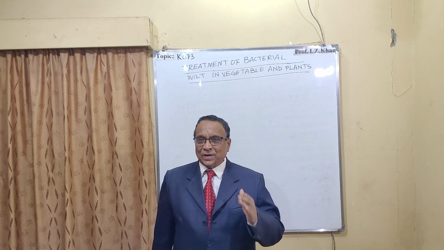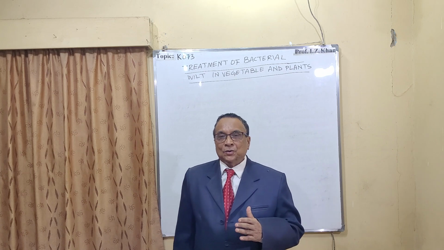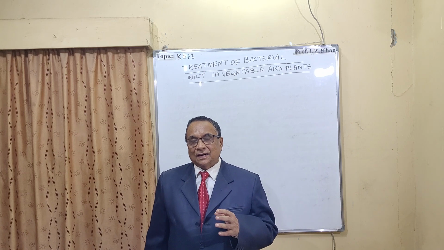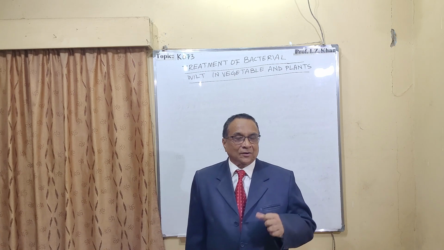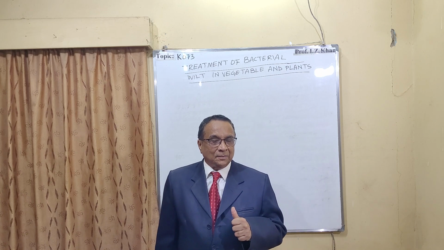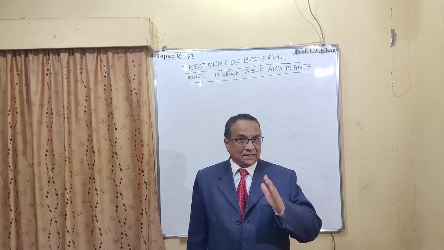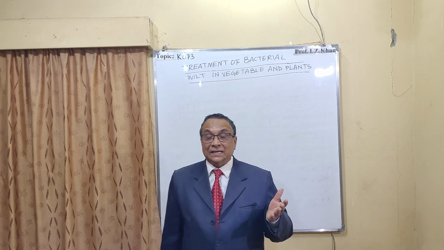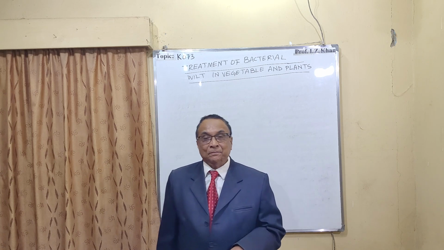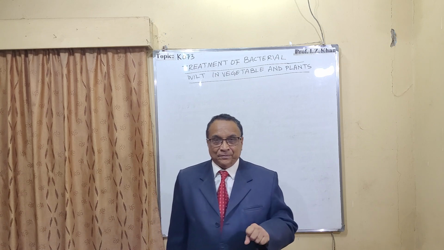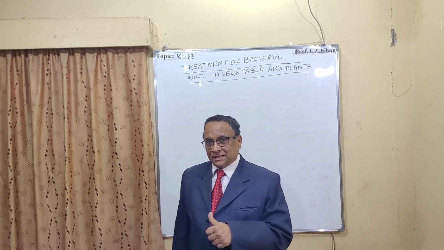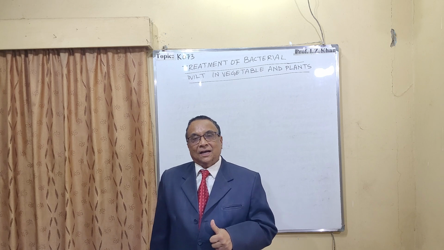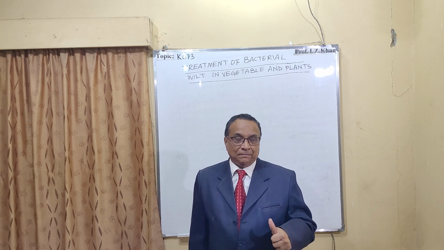And in this disease, what is actually happening? The plant leaves wilt, and the plant becomes weak and is not rigid. The reason is that it is not getting enough water, even if there is enough water in the soil, because water is not moving. The bacterial attack damages the xylem.